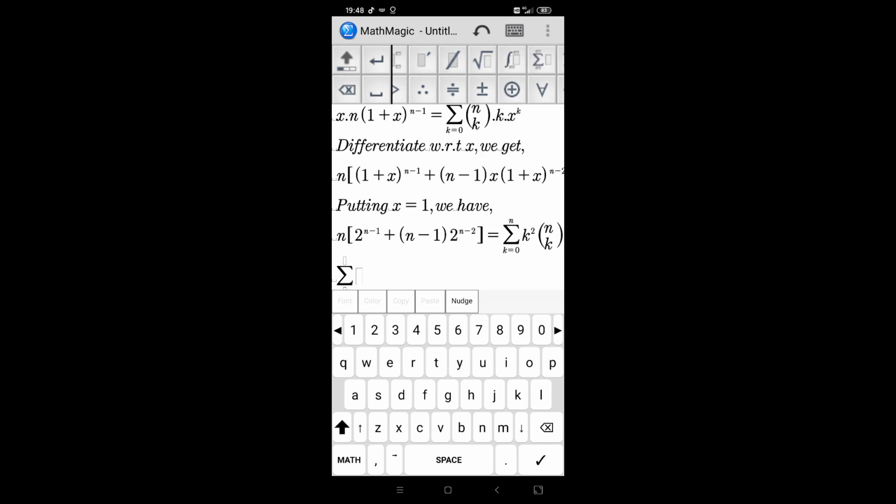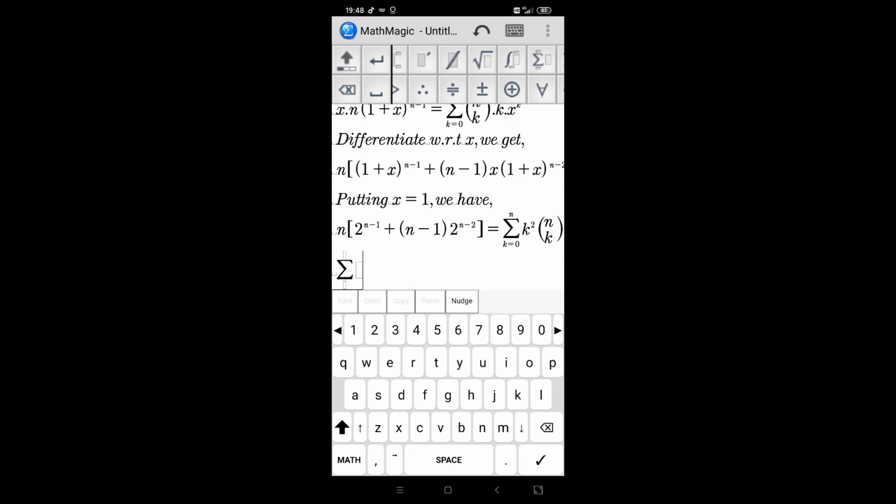Now let us interchange the sum, the left hand side and right hand side only.